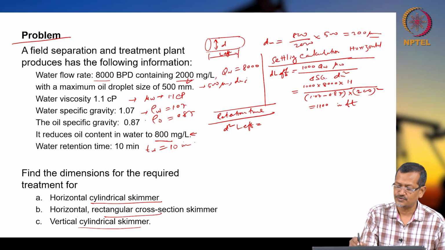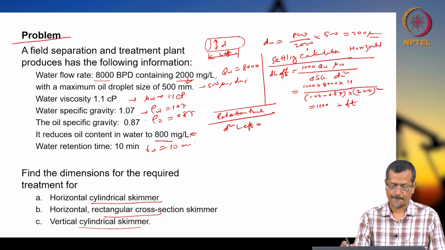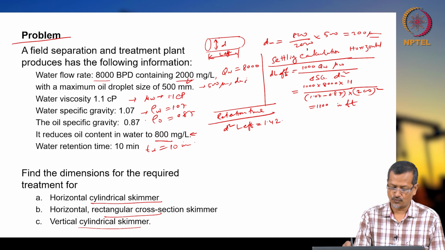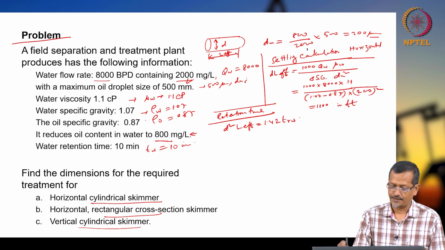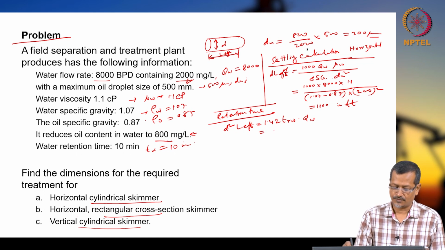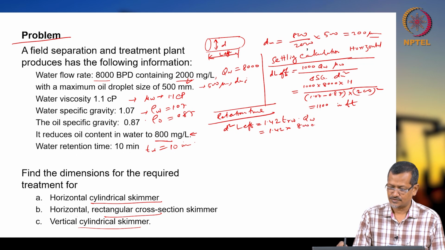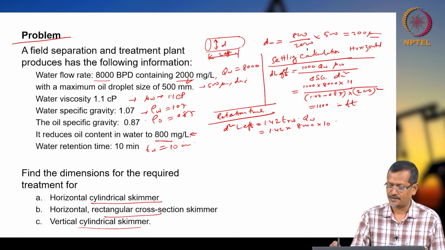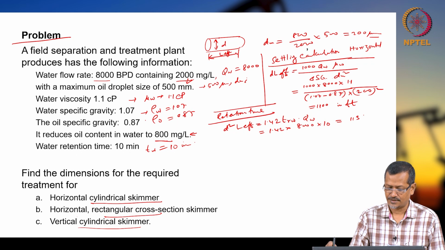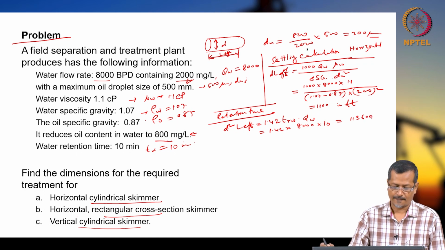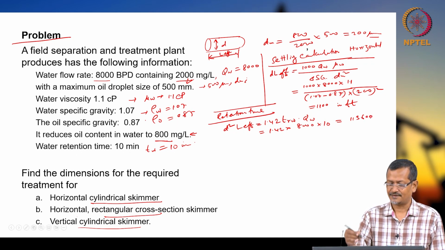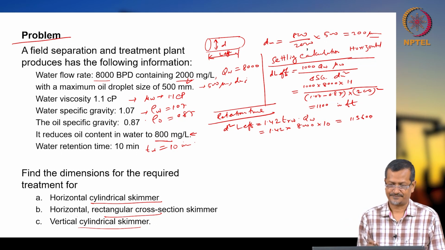It is not seam to seam length, rather it is effective length. So 1.42 TR water into QW. From this formula, 1.42 into 8000 into 10 TRW, it is coming to 113600. Again the unit will be inch square into feet.